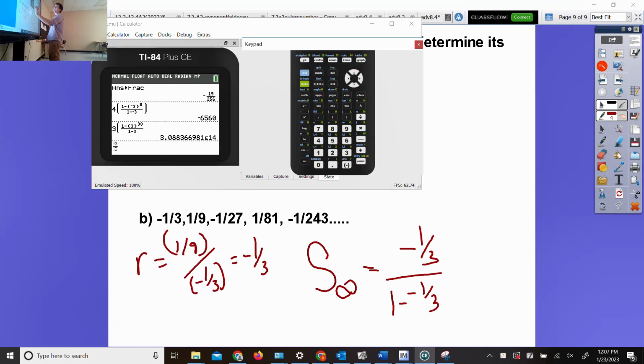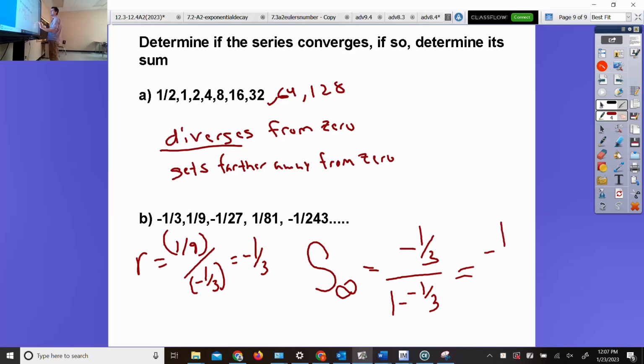I used to teach you how to do it by hand, but I don't anymore. Not enough kids could do it. Ta-da! Negative 1/4. That funny string of numbers, if you wrote them out for all of eternity, adds up exactly to negative 1/4.